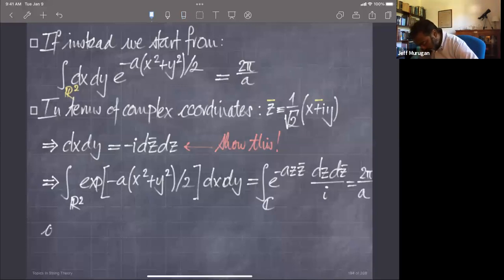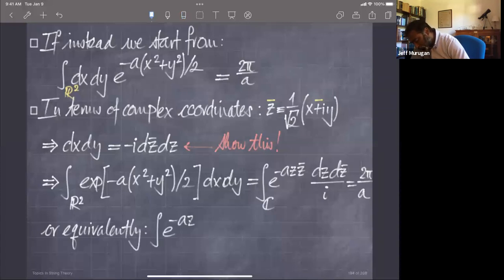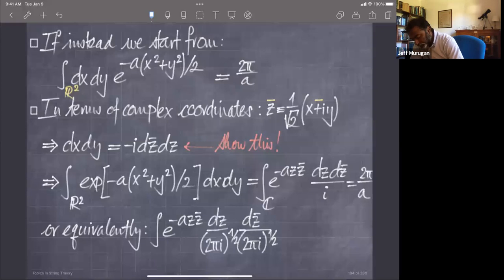Or in other words, the integral of e to the minus a z z bar, dz over root 2 pi i, dz bar over root 2 pi i, is equal to 1 over a, which I get by taking the factor of 2 pi from the right-hand side and splitting it equally between the dz and dz bar on the left-hand side, as well as the factor of pi in the denominator.